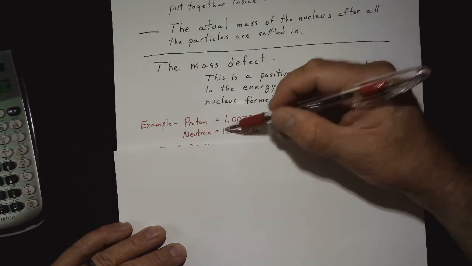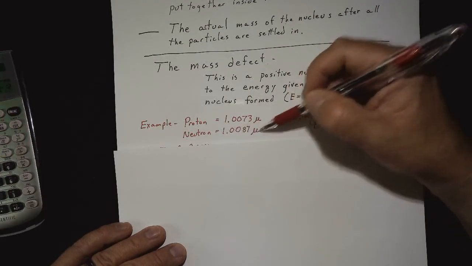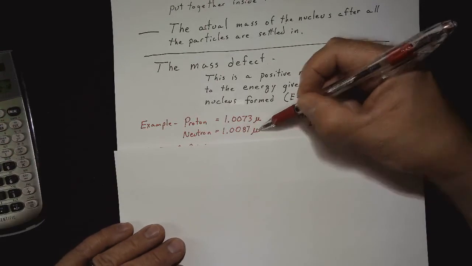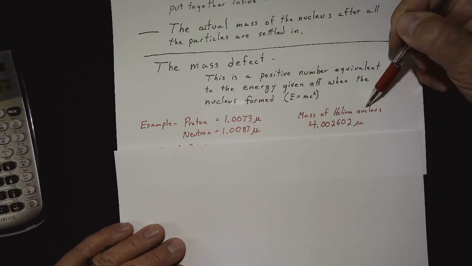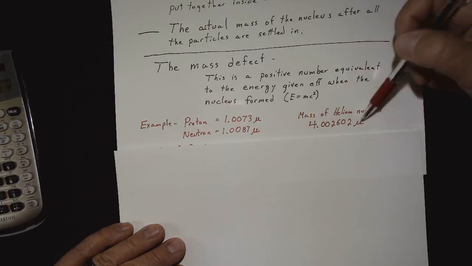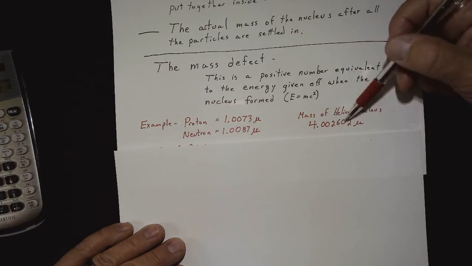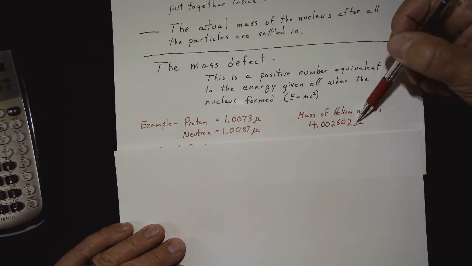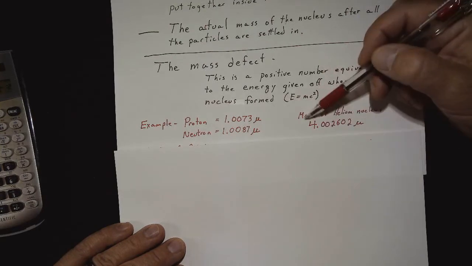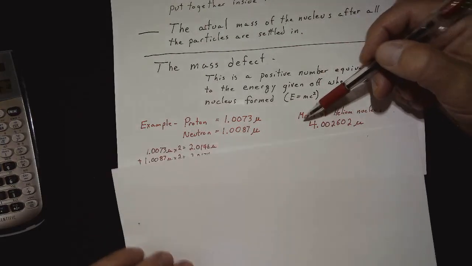A neutron has 1.0087 atomic mass units. The mass of the helium nucleus is 4.002602 atomic mass units.